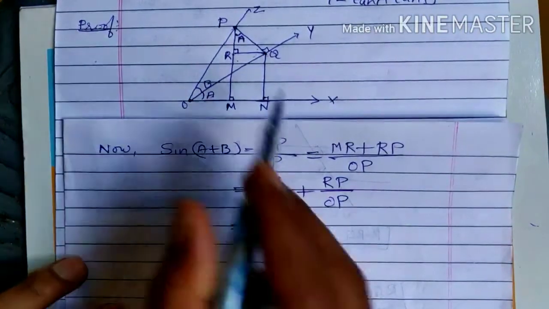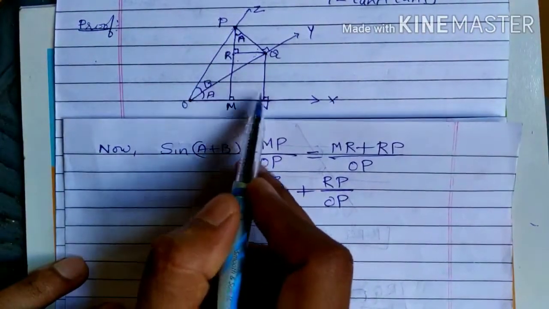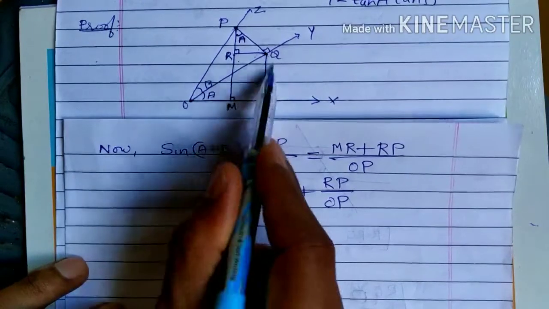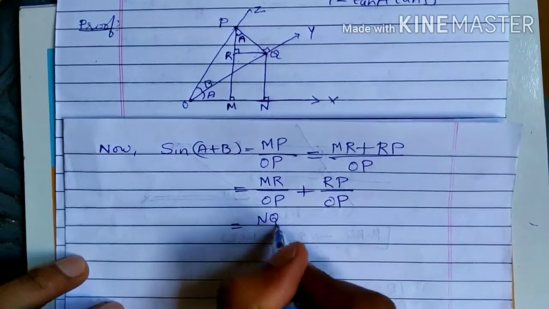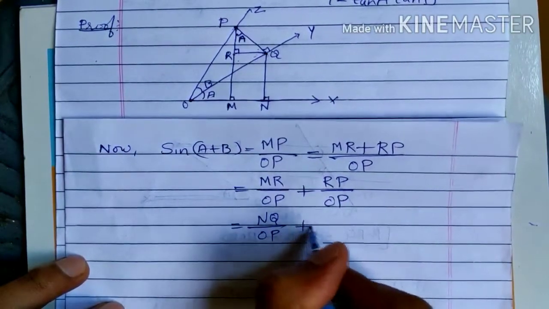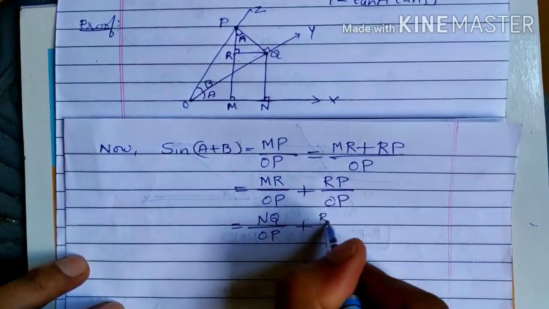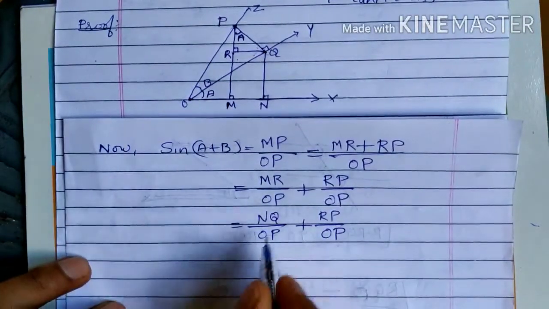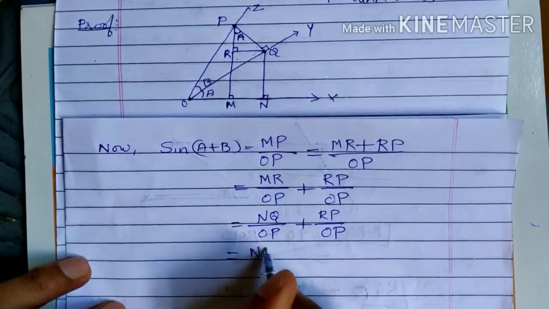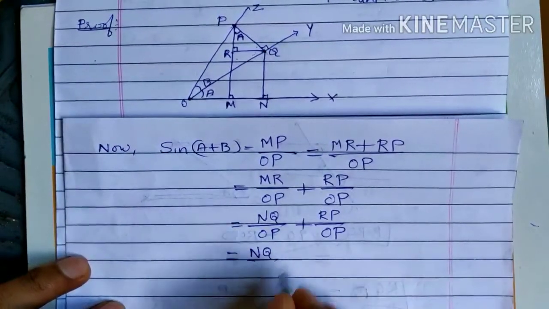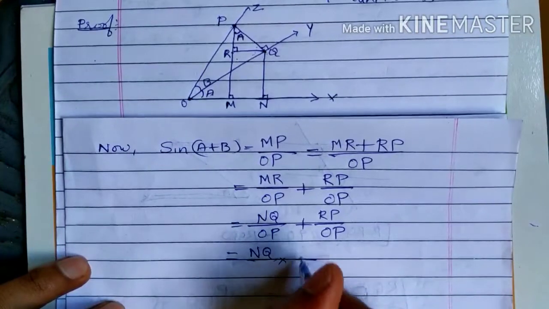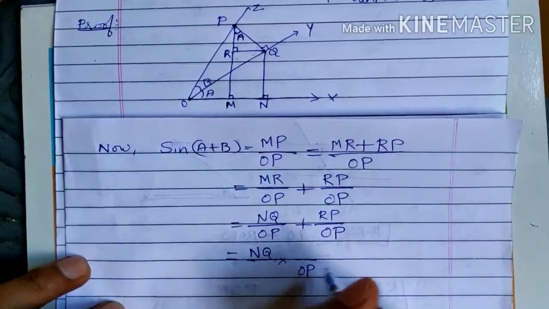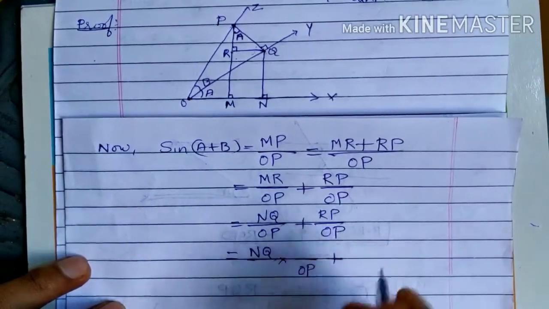Now instead of MR I can write NQ, because these two are the same, NQ divided by OP plus RP divided by OP. Plus this one I will write afterwards.